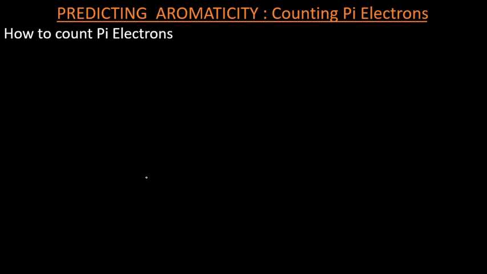In our previous video we did mention that there are some things we look out for when we are talking about aromatic compounds. The first one we looked at was the cyclic ring. We check if the compound is cyclic, and then we also check for complete conjugation.